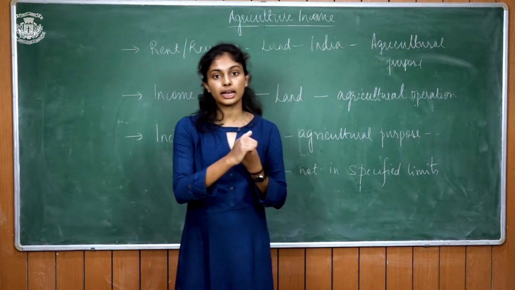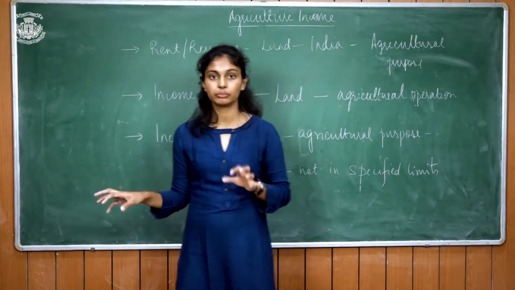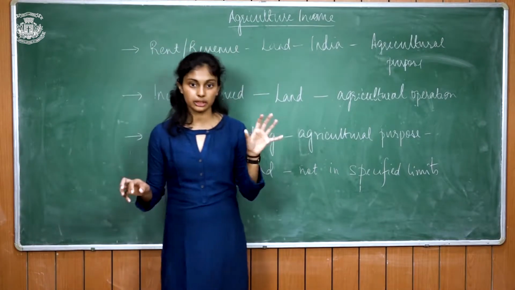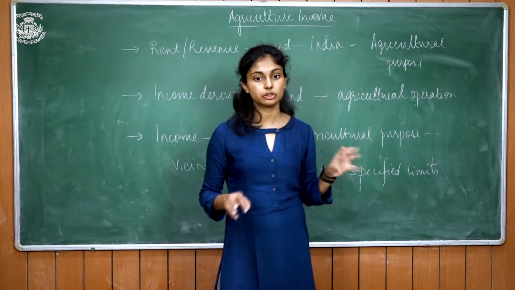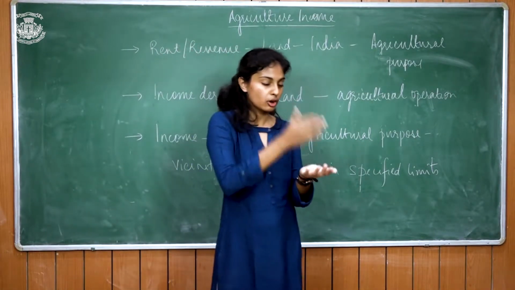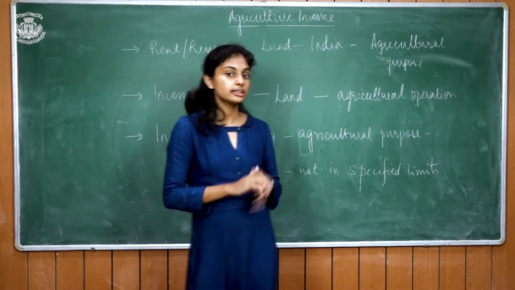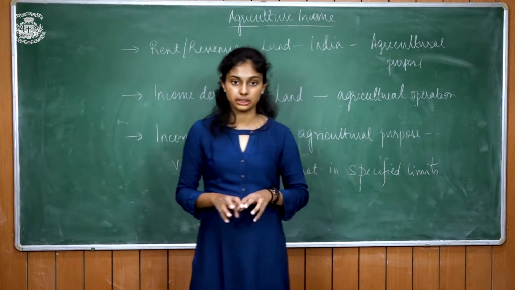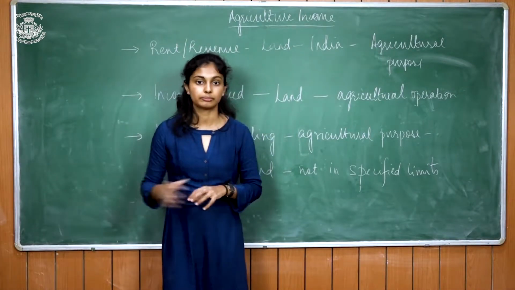Next comes coffee plantations. Now again, coffee is split into two. If it's coffee which is grown and cured, then we treat 75% as agricultural income and 25% as non-agricultural income. However, if it is coffee which is grown, cured, ground and roasted, in such cases 60% is treated as agricultural income and 40% is treated as non-agricultural income.